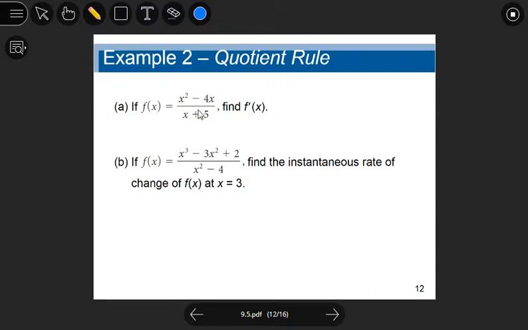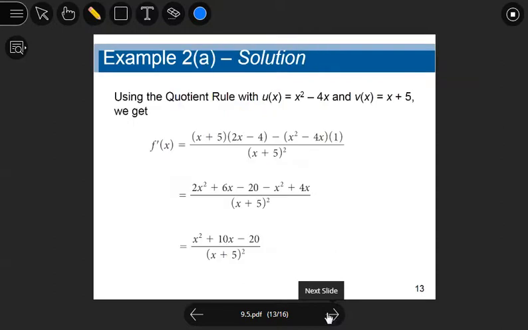Find the derivative of this one. Take this as your u and this as your v. Okay, so this is your u and this is v.